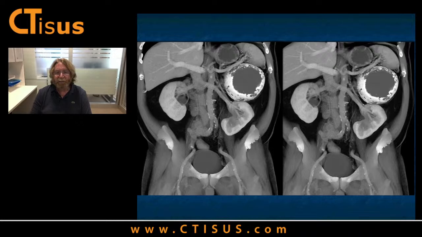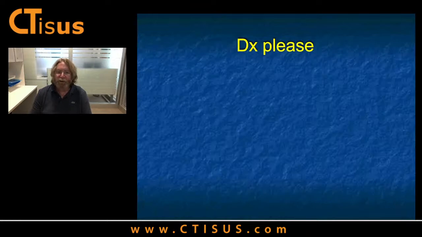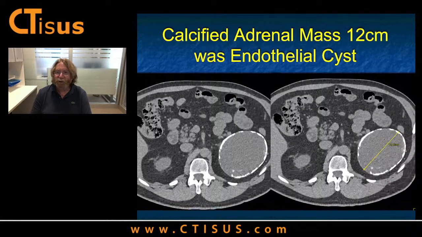It was resected because the patient was symptomatic, and at the end of the day, it was a very unusual case. The adrenal mass was an endothelial cyst. Endothelial cysts are not rare, but they're not common, but I've never seen one with dense calcification. So a great study.